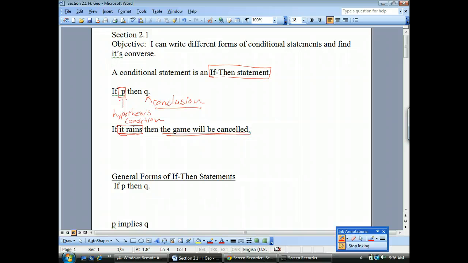The result or conclusion of the fact that it's raining right now is that the game is going to be canceled. So this is the hypothesis, and that brings us to the conclusion or result.